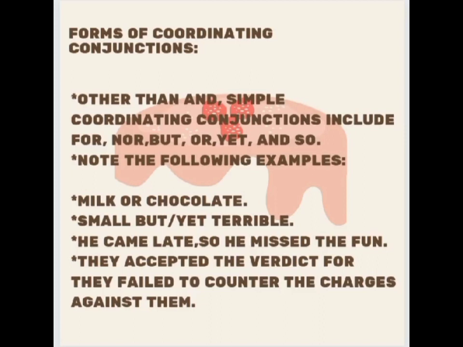For the coordinating conjunction for, we have the example, they accepted the verdict for they failed to counter the charges against them. Why did they accept the verdict? Because they failed to counter the charges against them. So the coordinating conjunction for is used to give a reason for something, or introduces the second clause as the reason or cause of the first clause.